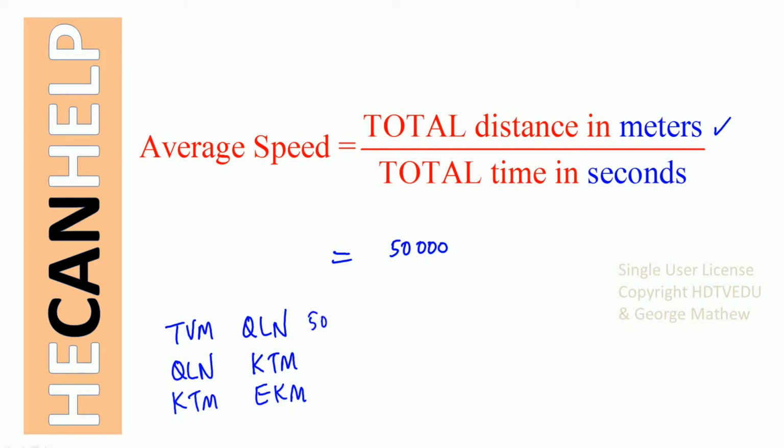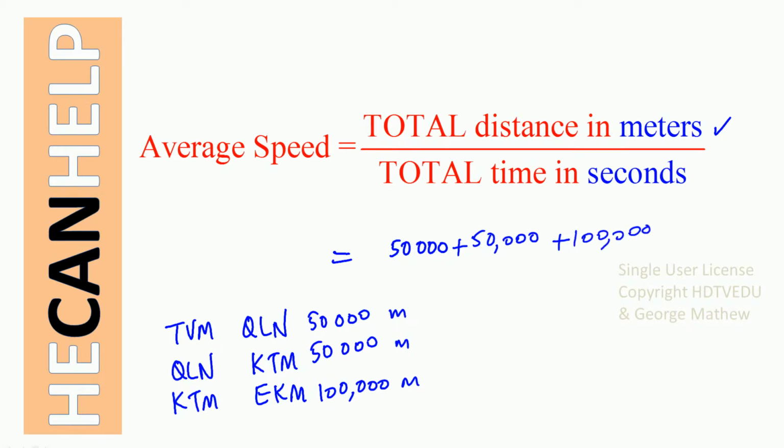So this is 50,000, this is 50,000, and this is 100,000. So we already know the total distance: 50,000 plus 50,000 plus 100,000.